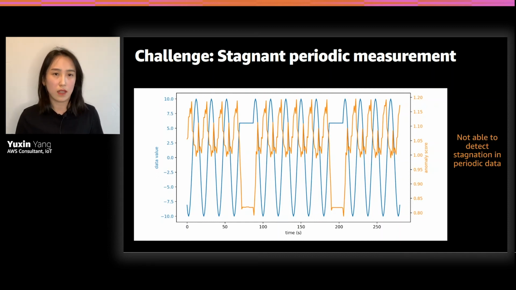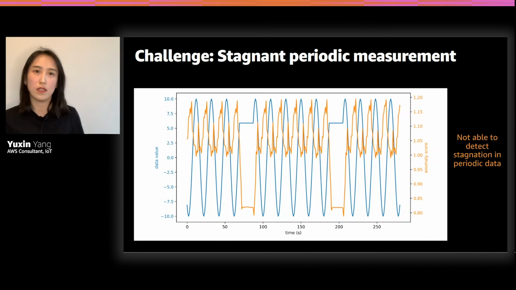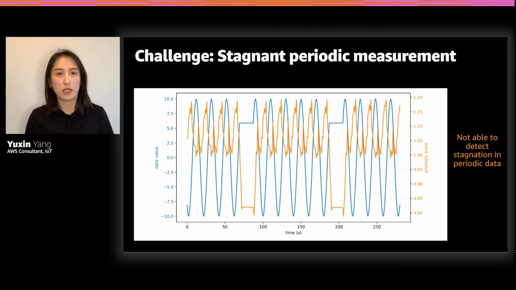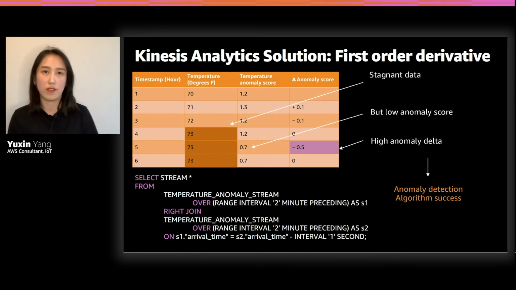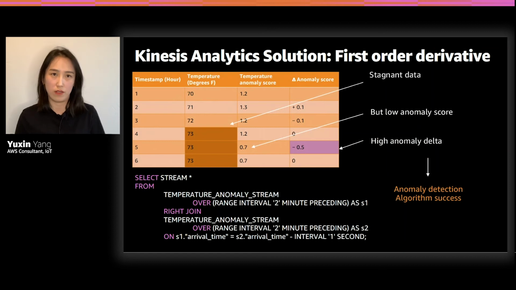So in this case, we have a solution for this. Instead of using anomaly score as raw data and setting a threshold on top of that, we take the delta of it. We take the first order derivative of it, and then we compute the absolute value of the delta of the anomaly score. So although the anomaly score actually dropped, the absolute value of the delta actually increased.